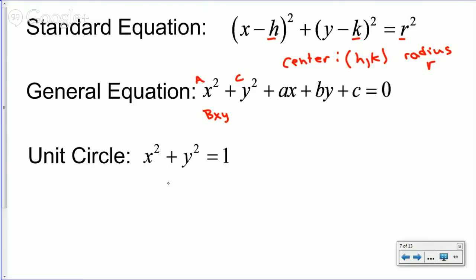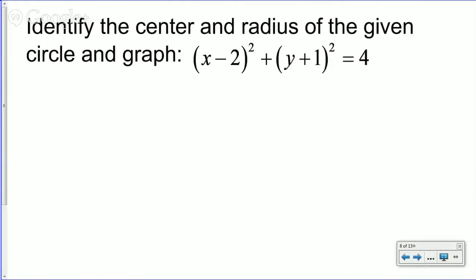We have a unit circle, which is centered at 0, 0, and has a radius of 1. We're not going to talk a lot about the unit circle, but the unit circle is used in trig ratios and those kind of things in a trig pre-calc class.